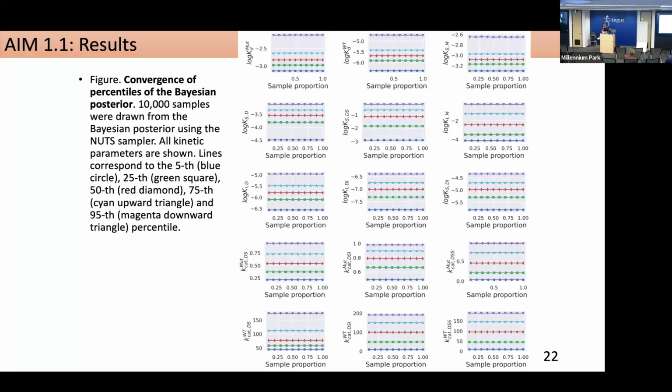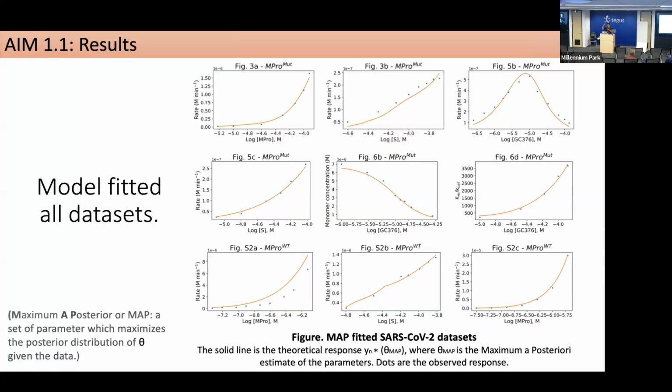So we want to make sure that we don't get big changes in the posterior if we do more sampling. And that's pretty much what this figure shows. We also want to confirm that the maximum a posteriori, the most probable, or the one with the highest posterior density, actually fits the data well, and that does look like it's the case.